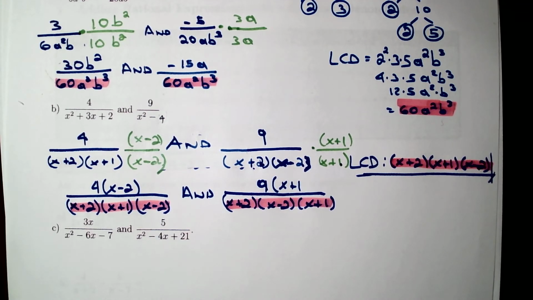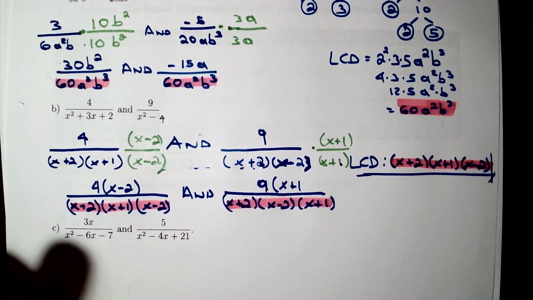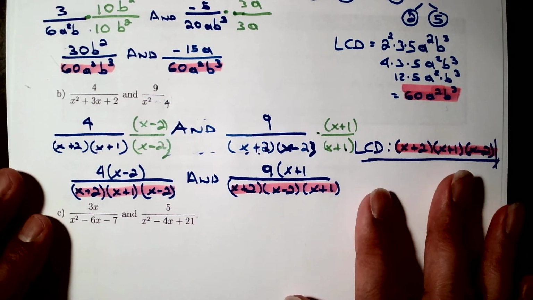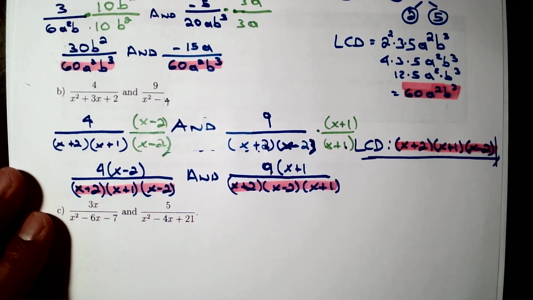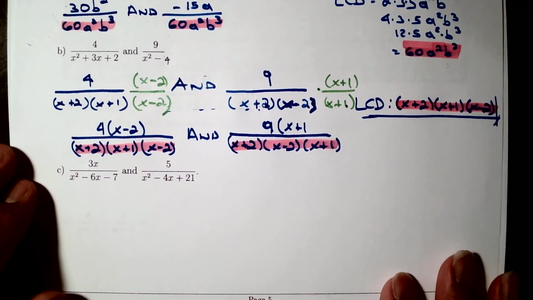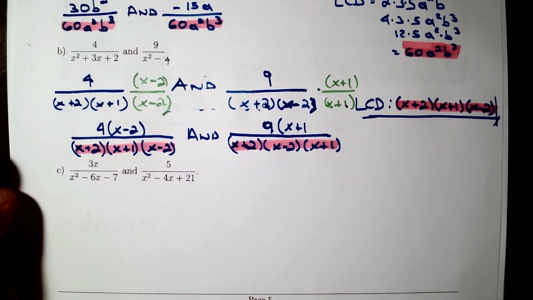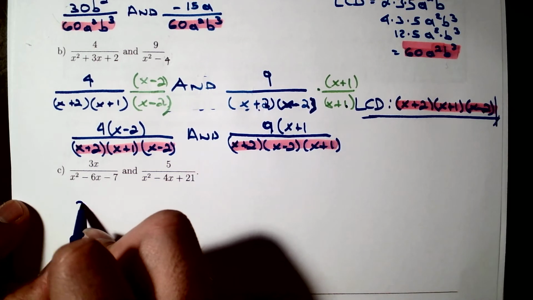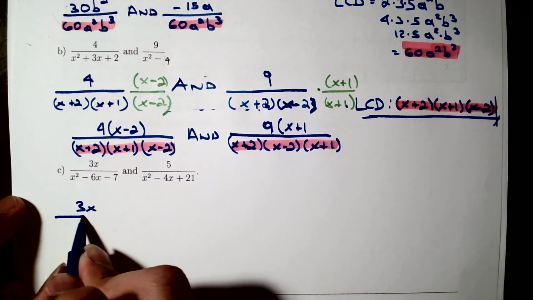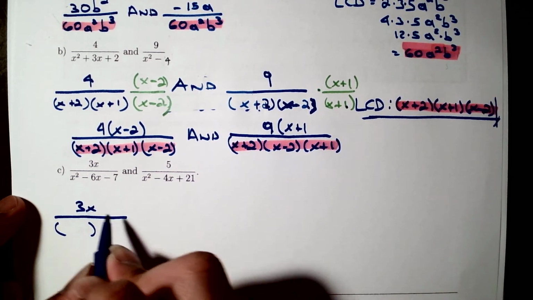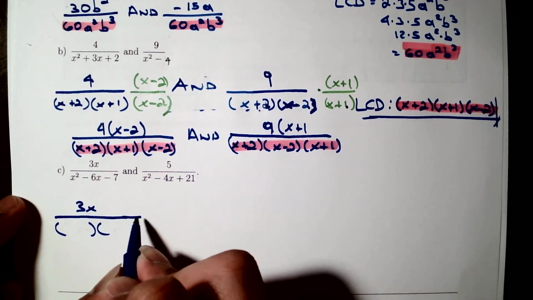Let's do one more, and we finish this section actually. So 3 divided by this trinomial, 5 divided by that trinomial. Well, actually we factor only the denominator.